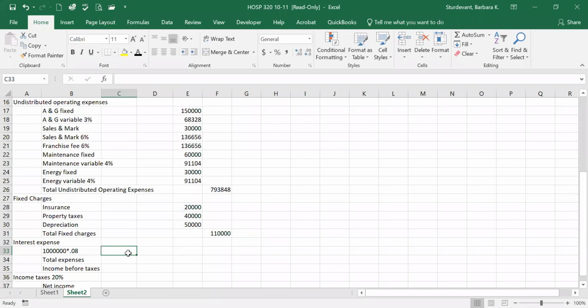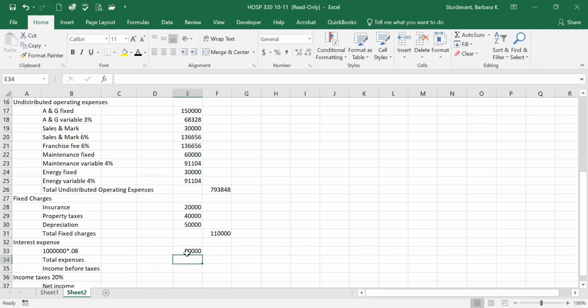So we're going to do our I equals PRT, and we're simply going to take this and just multiply. Our time factor would be a year, so we could just do that there.